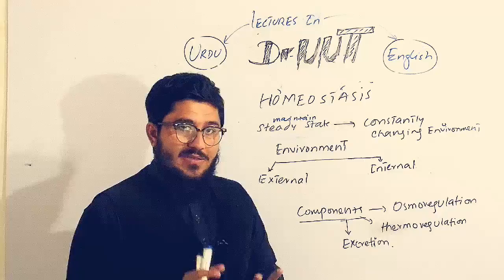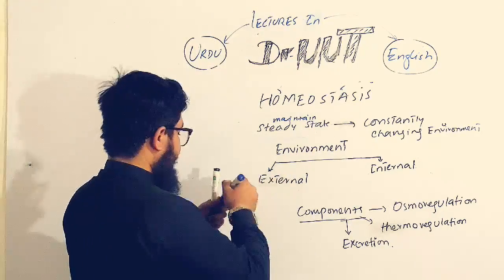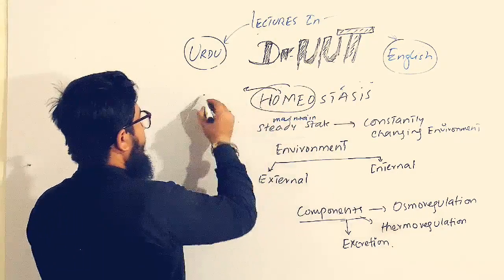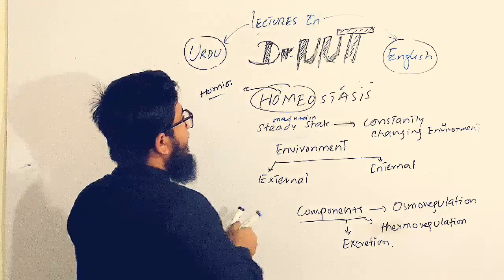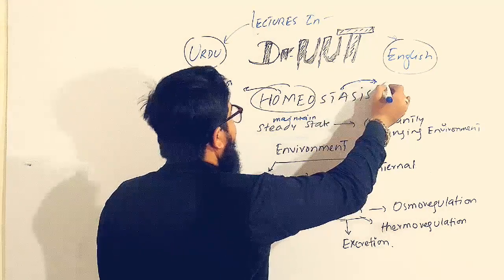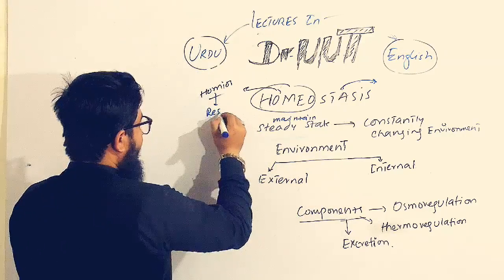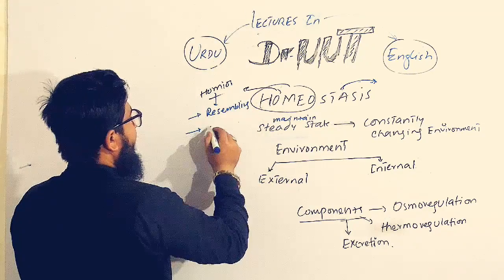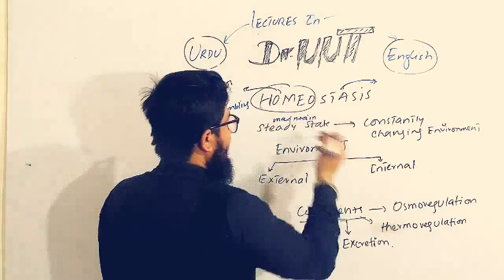Homeostasis. First, let us clear the term as usual. Homeo is a Greek word, homeos or homois, and stasis is also a Greek word. Homois means resembling, or you can also say like, or alike.